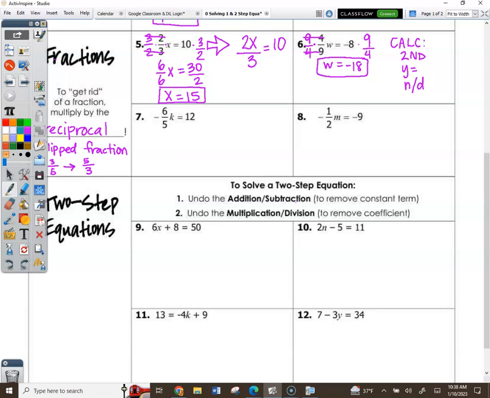Look. Oh yeah, it's alpha, not second. Sorry.